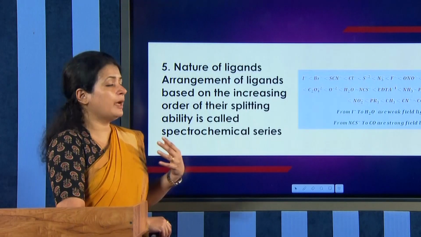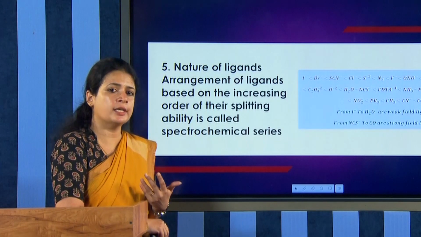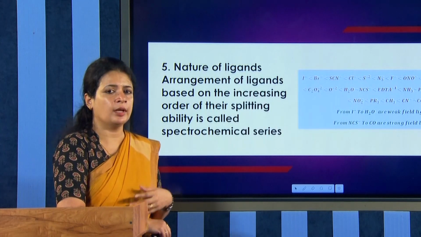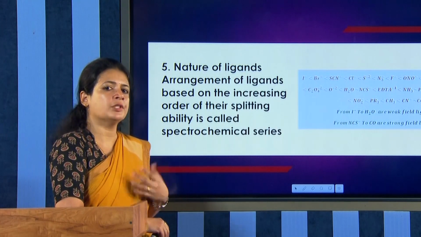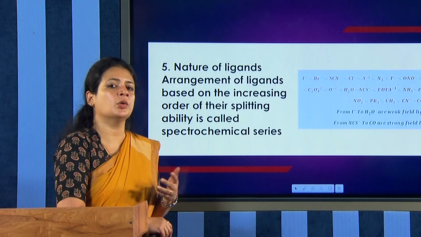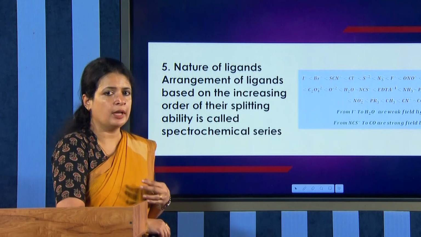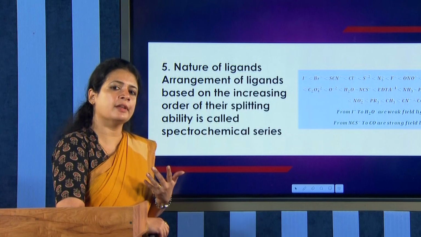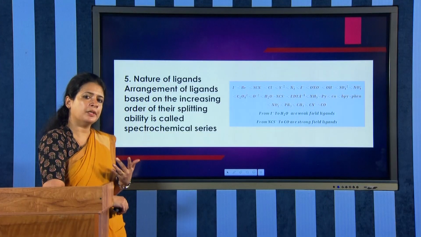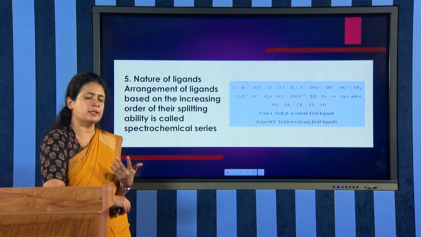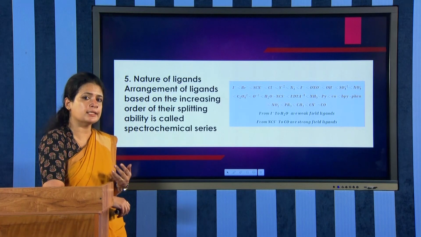In this class we have discussed the Jahn-Teller distortion or tetragonal distortion, the Jahn-Teller theorem, which complexes undergo strong Jahn-Teller distortion, and the different reasons for that. We have seen this particularly for the Cu2+ system, that is, the d9 system.